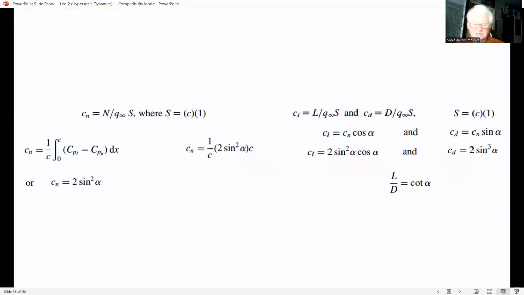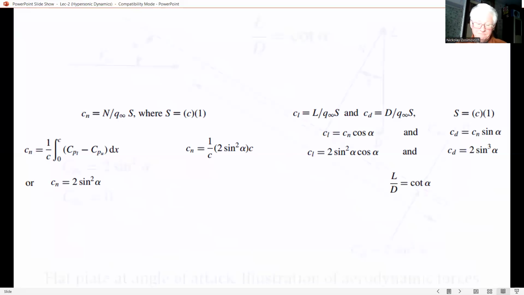Substituting the equation in the last one, we get the expression Cn equals 1 over c in parentheses 2 sine squared alpha times c, or Cn will be equal to 2 sine squared alpha.